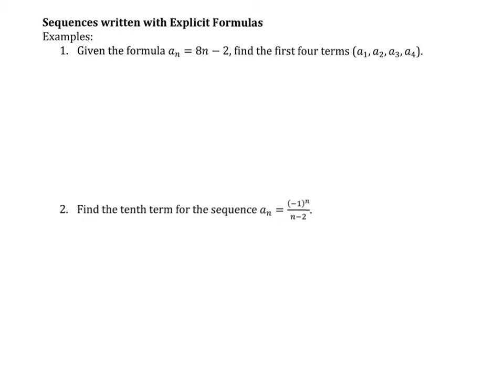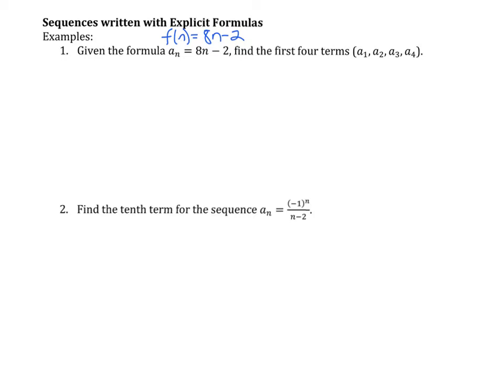Function notation would say f of n is equal to 8n minus 2. Very similar. Okay? The same way that you replace the n in function notation, when you replace that, you also replace it here, and then you evaluate your term. It's the exact same thing here.